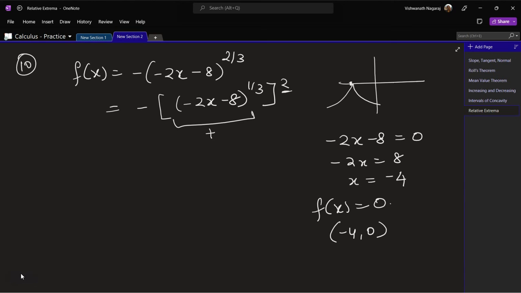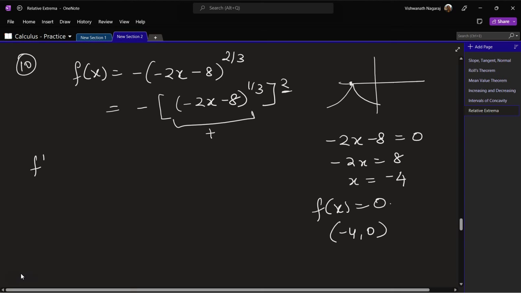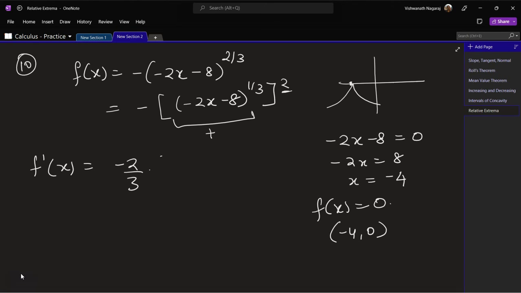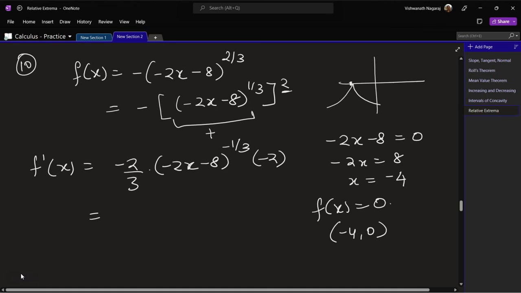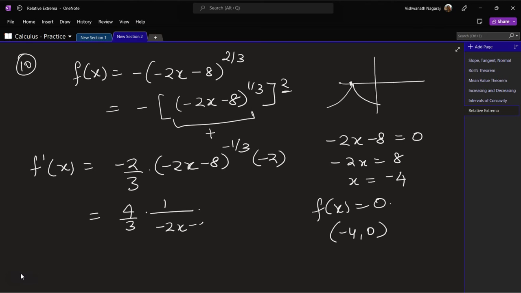Now if we try to do the same thing using derivatives, f prime of x would be minus 2 by 3 times minus 2x minus 8 to the power of 2 by 3 minus 1, that is minus 1 by 3, times minus 2, which gives us plus 4 by 3 times 1 by minus 2x minus 8 to the power of 1 by 3.